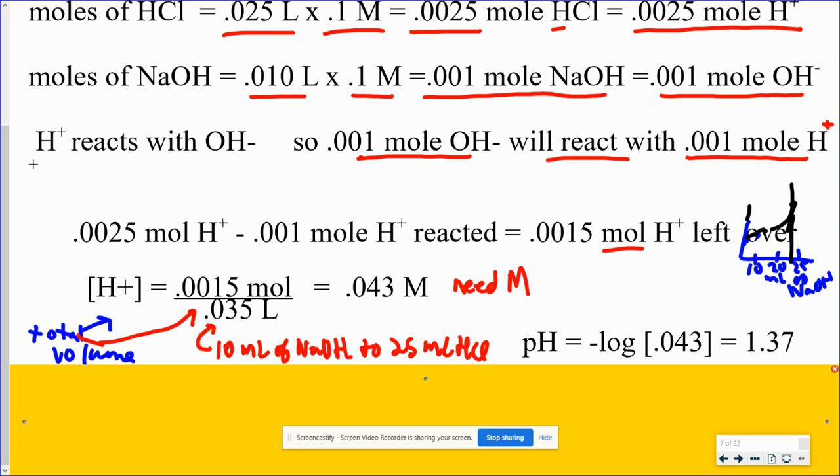So my H plus concentration is now 0.0015 divided by 0.035, and this is my new concentration of H plus. So now my pH will have gone up a little bit. When I take minus the log of that, I get 1.37. Okay, so my pH is starting to go up as I'm adding base. That makes sense.